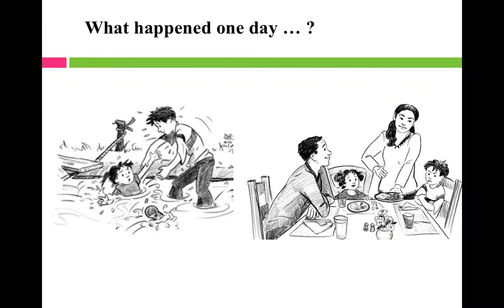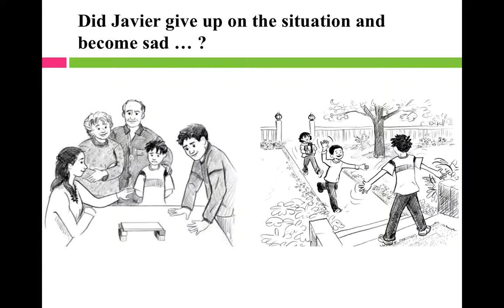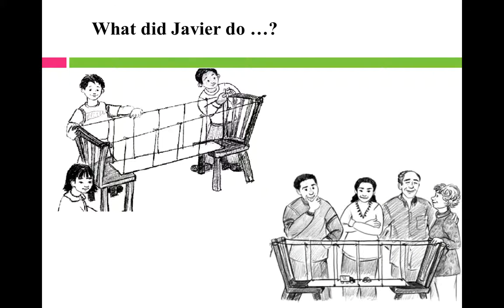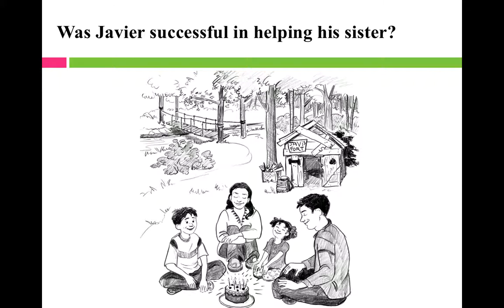A kid falls in, they try to rescue it, and Javier is not happy about it. He tries to solve the problem. He starts designing a bridge at home. He recruits his friends. They start looking at various kinds of bridges, and they go back and they build that bridge. They camp out and they celebrate the birthday, and boy, they solved a problem.